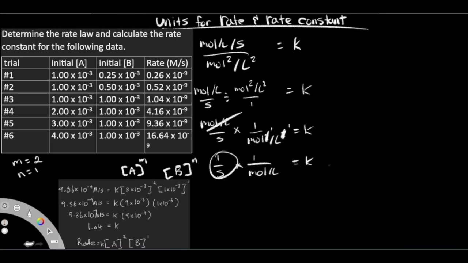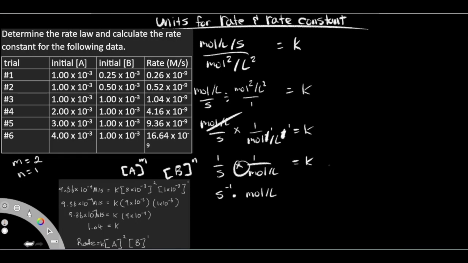Now, this 1 over S is also the same as S to the negative 1. This multiplication symbol here, we can just keep it as a dot. If you just don't even want to use a dot, you can just kind of get rid of it. I'm just going to put a dot though. And then this moles per liter is the same concept. If it's a 1 in the numerator, just change the whole thing to an exponent of negative 1. So we have moles per liter.